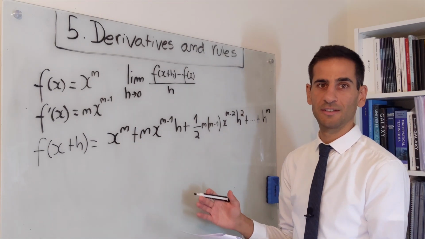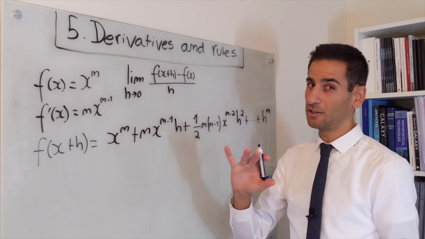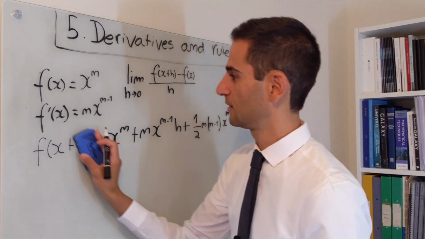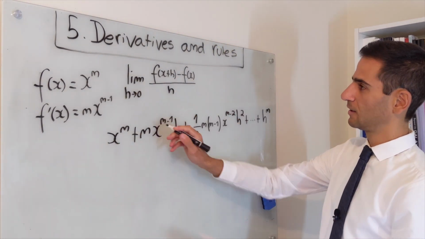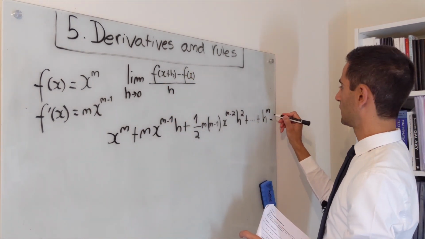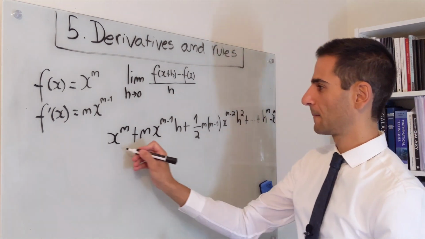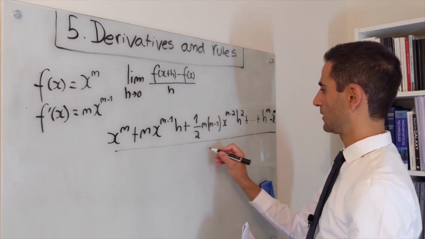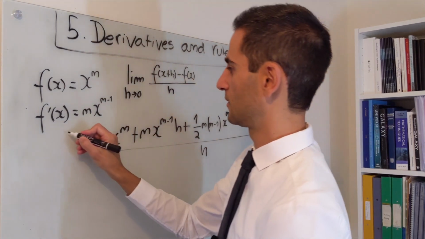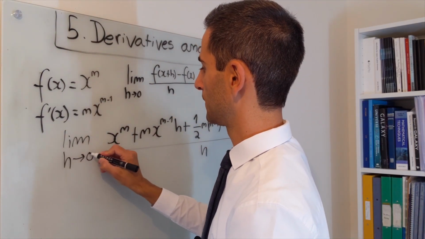For convenience, and because I've already written the entire train, I will leave it here and try to simply sub in. So imagine that this term is that one, so I'm going to subtract x to the power of n at the very corner, and I'm going to divide it by h, and this is what we're trying to calculate, the limit when h goes to 0.